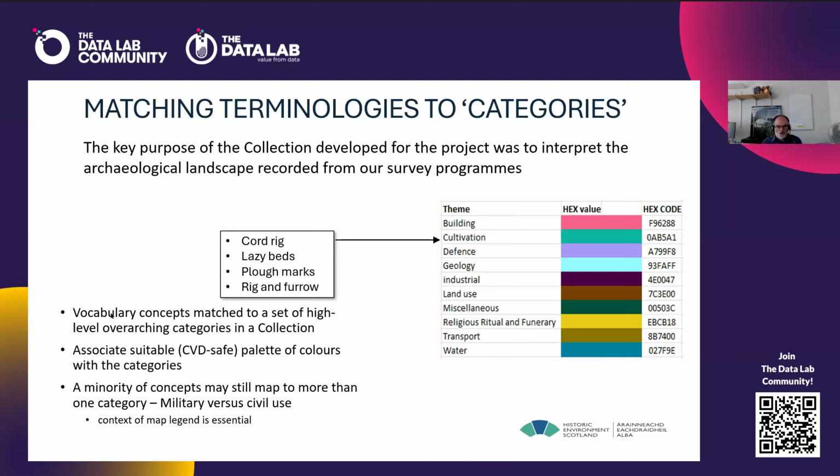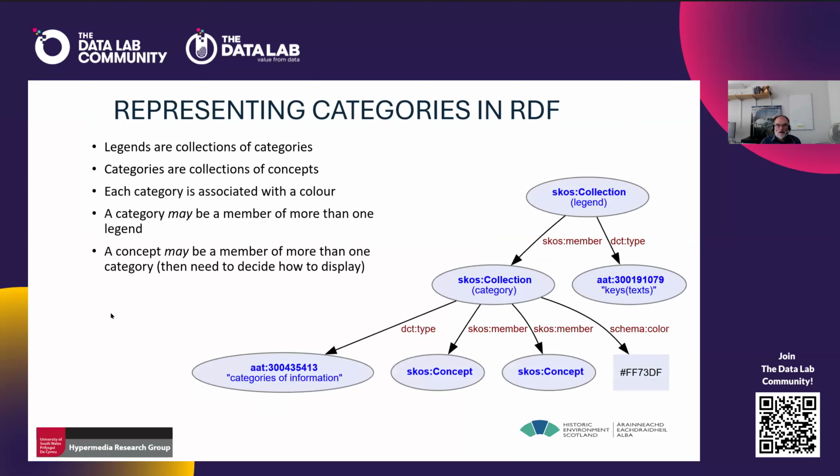There's still a few issues. We still have to manage a few things by exception. Military sites tend to have types of buildings that can also appear in civil use, but for the purpose of this mapping, we're just looking at military use of those things. And that's just the schema representing the categories in RDF.